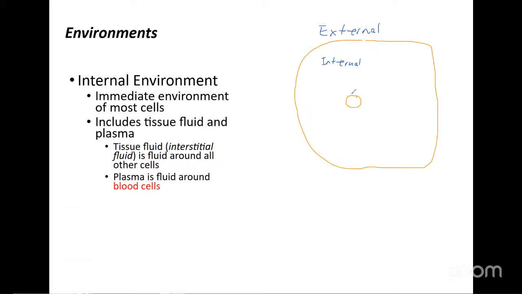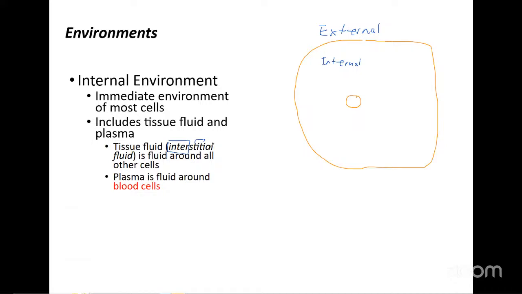If you're just a general cell somewhere in your arm, you're going to be surrounded by what we refer to as interstitial fluid. Inter means between. Stitial, I think of as looking for that word tissue inside. So in between the tissues, is going to be the fluid around most of your cells.